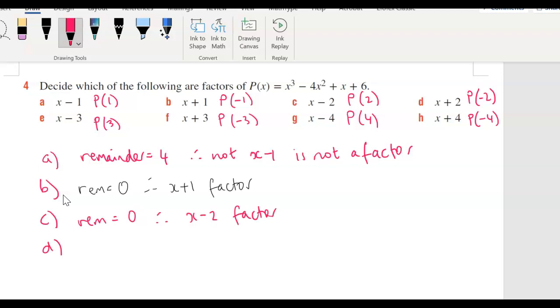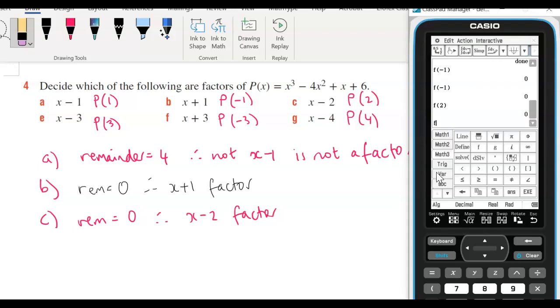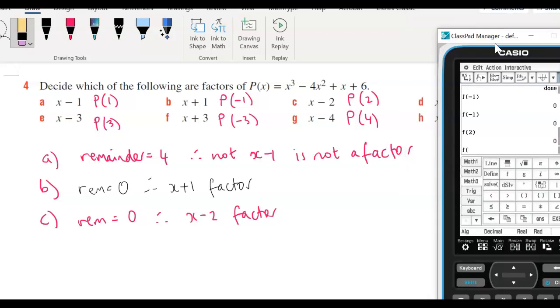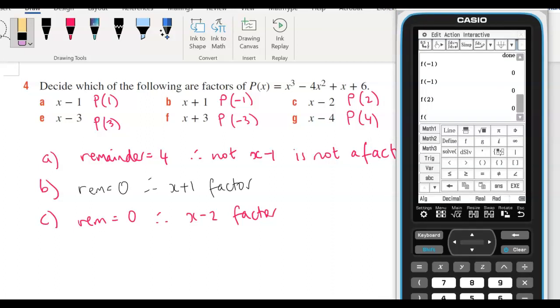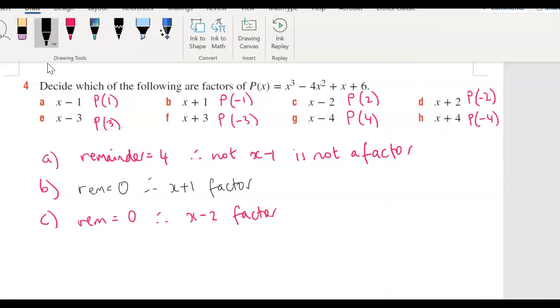Let's have a look at what other ones are factors, because I don't really want to keep doing them. The next one, f of -2, is not 0, so let's do the next one. Question E, f of 3 is 0. So E has a remainder of 0, therefore x minus 3 is a factor.